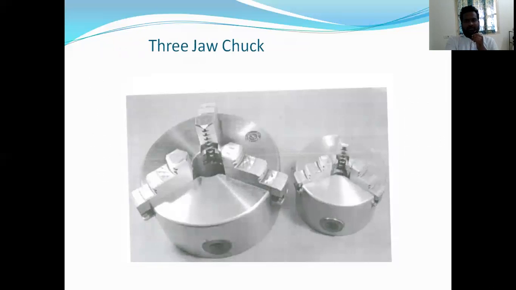Based on our diameters, there are different types of 3-jaw chucks. We place our workpiece in this hole, and after rotating, the 3 jaws move and hold the workpiece tightly.